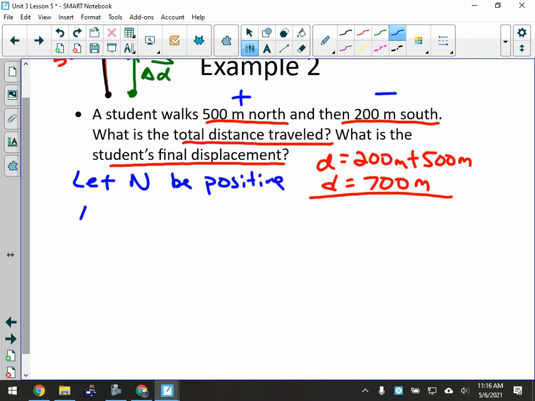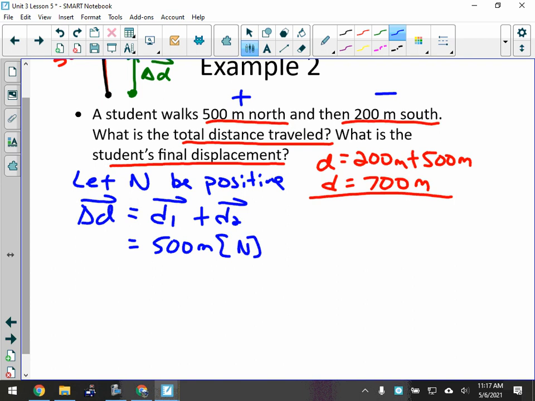If we're looking for the displacement, we're going to take d1 and d2, which are the vectors that we're talking about here, the two displacements that I have. So 500 meters north, and I'm going to add to that 200 meters south. Then north is going to be positive, so positive 500 meters. Negative for south, negative 200 meters.